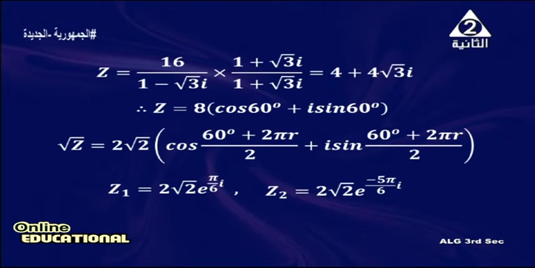Then we have two roots, z1 when r equals 0, z2 when r equals 1. We reduce two complex numbers: z1 in exponential form, 2 root 2 e power pi over 6i, and z2, 2 root 2 e power negative 5 pi over 6i.